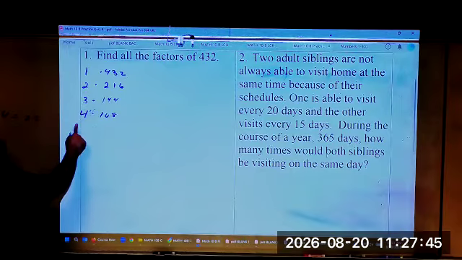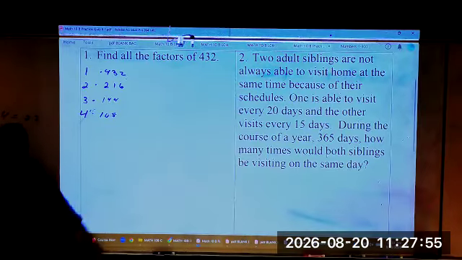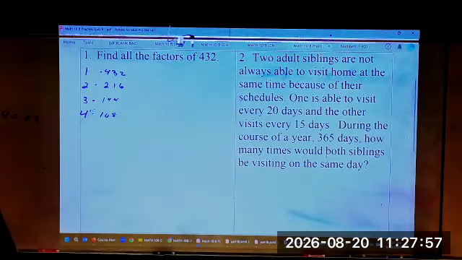Yeah, they're increasing. They're getting big. And the numbers on the right are getting small. They're decreasing, not by the same amount, but they're decreasing.